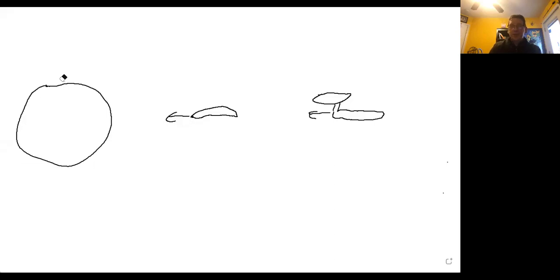So we want to make, let's make the Enterprise observer S. And so this is observer O. The alien ship is observer O. And so this is O primed.